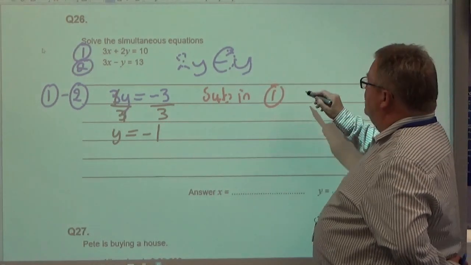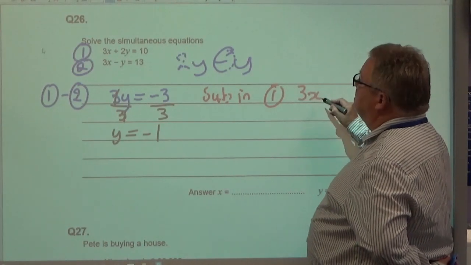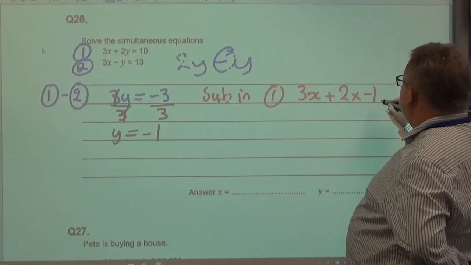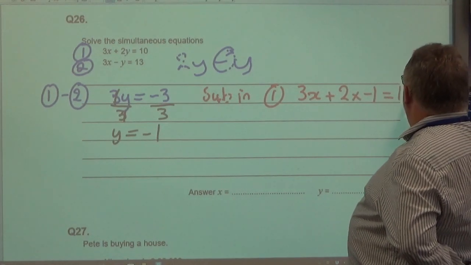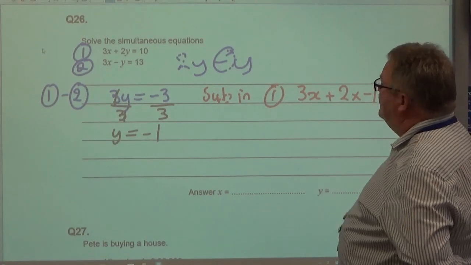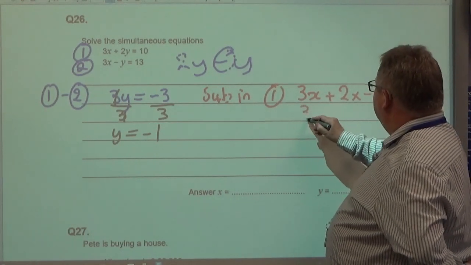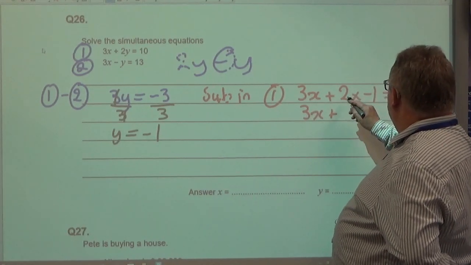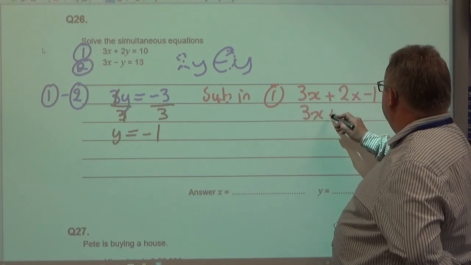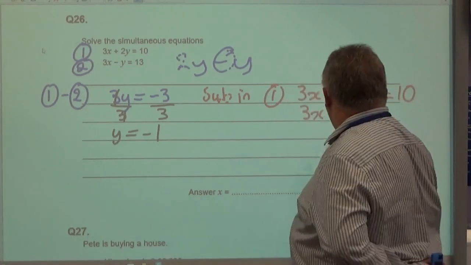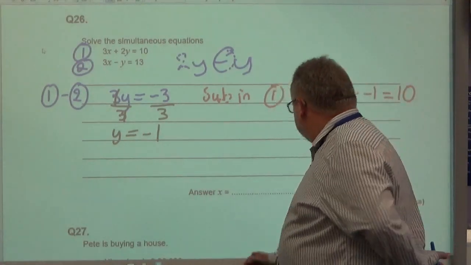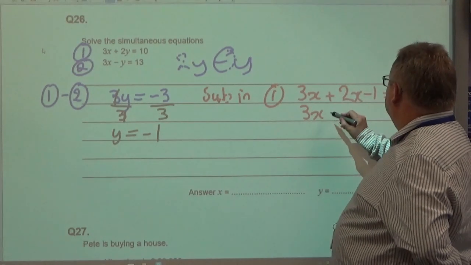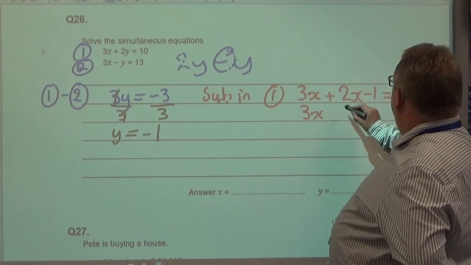So we've got 3x plus 2 times negative 1 equals 10.